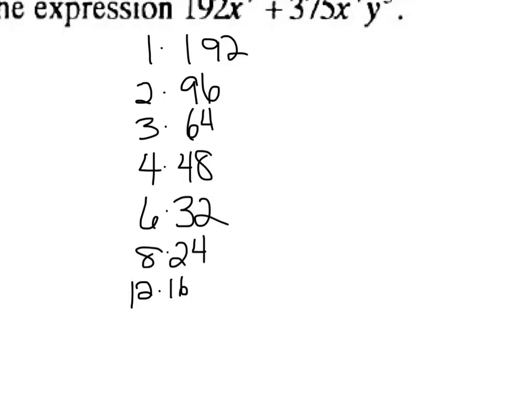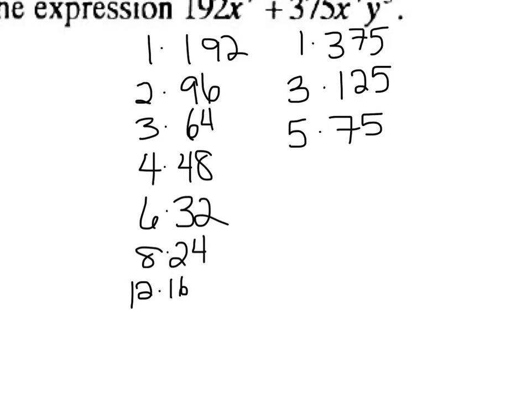Checking 375. We have options. We could divide all those and see which one's the highest one. Or I'm just going to go ahead and list them. So 1 times 375. I knew 2 won't work because it's odd. Dividing by 3 is 125. Checking 4. Doesn't work. 5 becomes 5 and 75. Checking 6. 6 doesn't work.